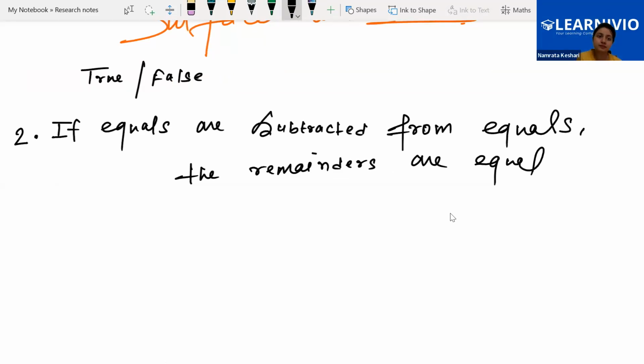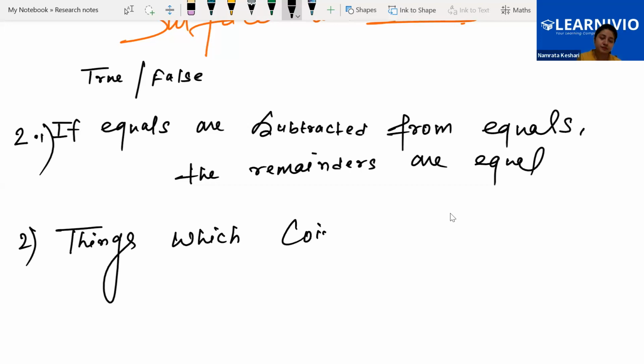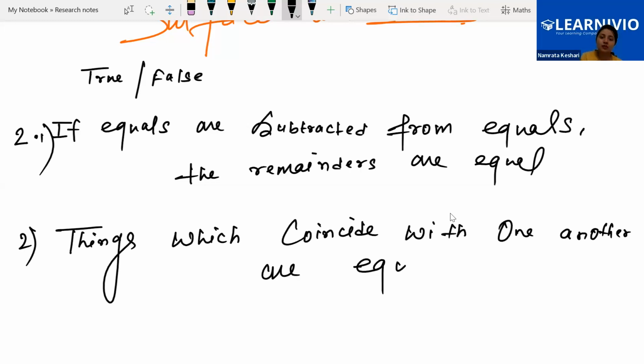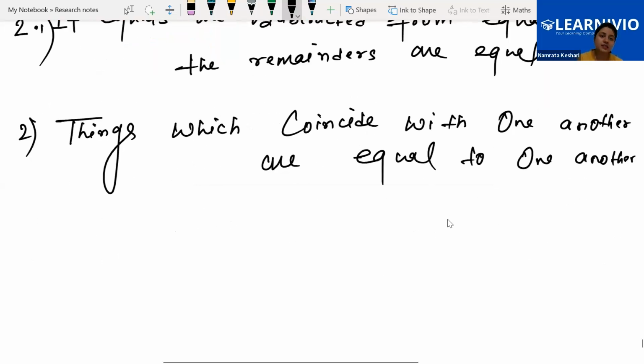Next is things which coincide with one another are equal to one another. Next is the whole is less than a part.